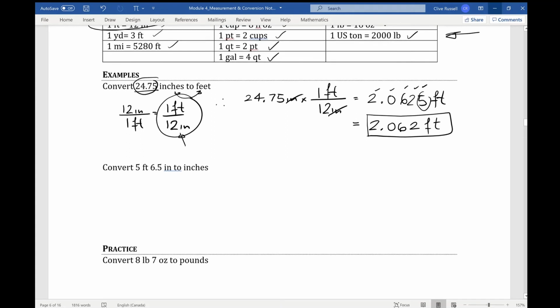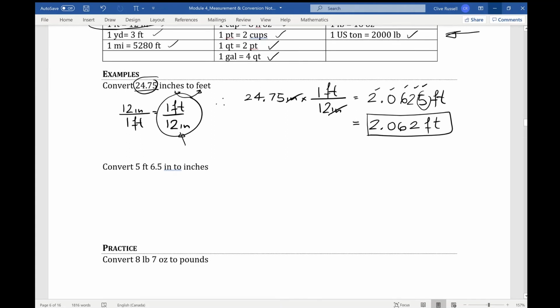Now, this last one here is we're converting 5 feet, 6.5 inches to inches. So essentially, we just have to convert the 5 feet to inches, then add the 6.5 inches. Okay, so let's do that. So again, we have 5 feet. We multiply by the unit factor. Now we want feet to be in the denominator, so now we use this one: 12 inches over 1 foot.